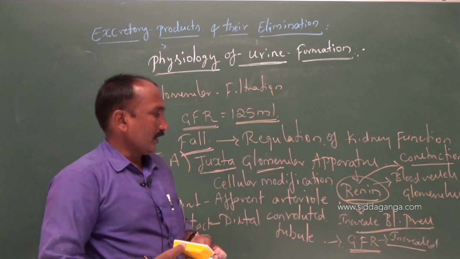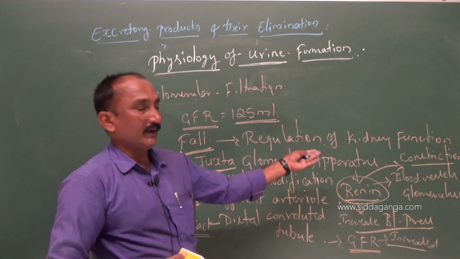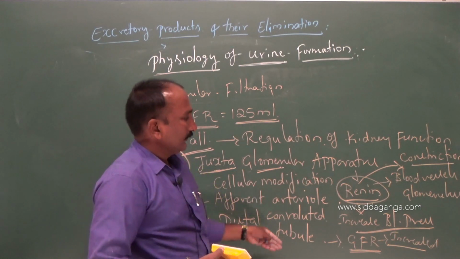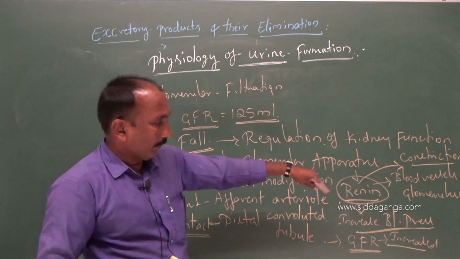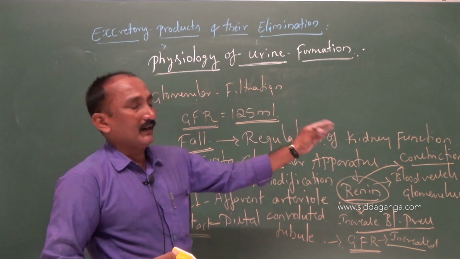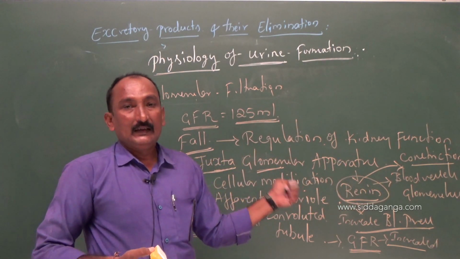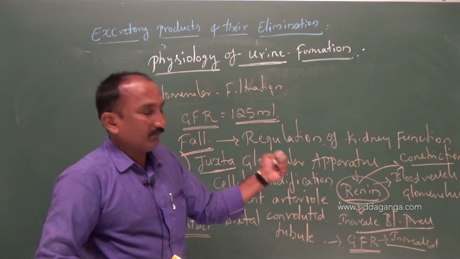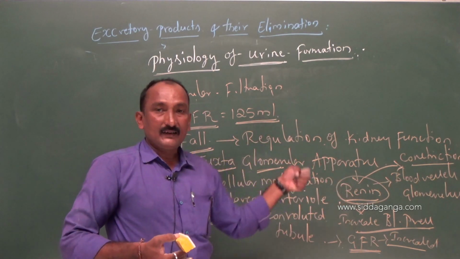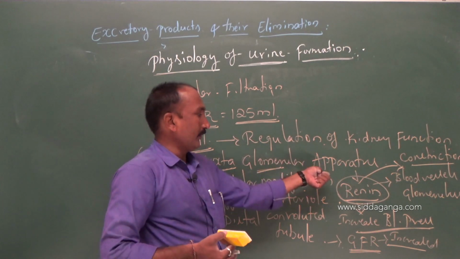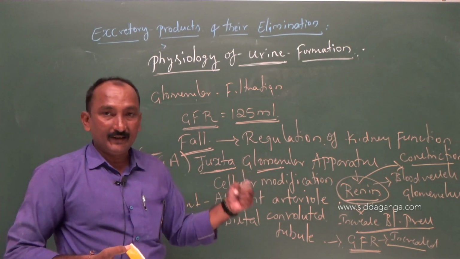Such juxtaglomerular apparatus, whenever the GFR falls, immediately secretes the hormone renin. That renin acts on the blood vessels of the glomerulus. By acting on the blood vessels, it causes constriction of the blood vessels. As a result, the blood pressure increases, and the filtration rate toward the glomerulus will also be increased.